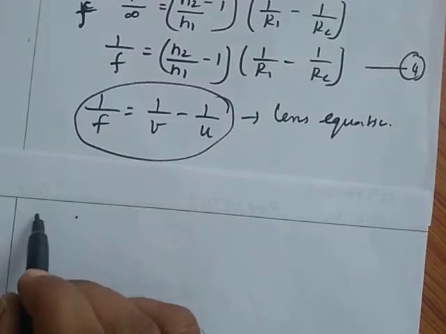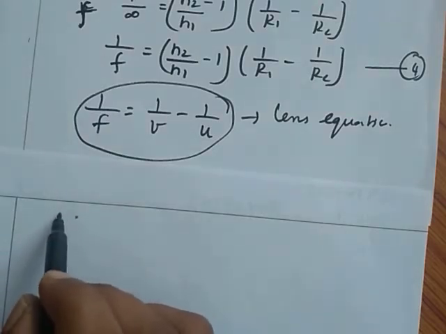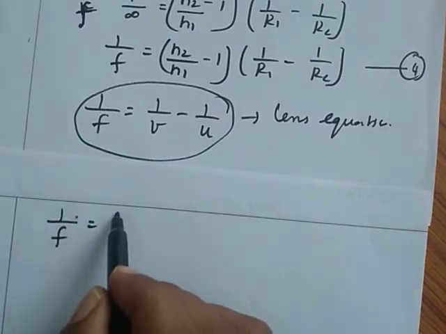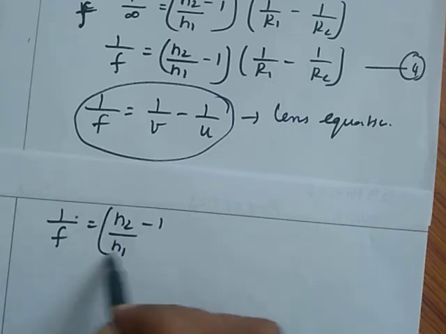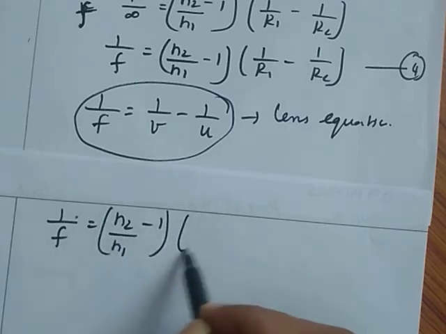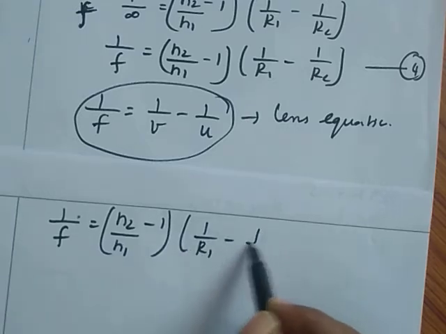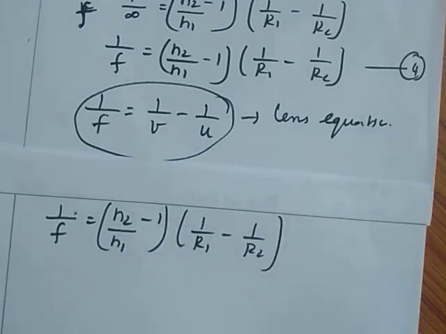Equation 4 is the lens maker formula, that is 1 by f equals (n2 by n1 minus 1) times (1 by r1 minus 1 by r2). This is the lens maker formula.